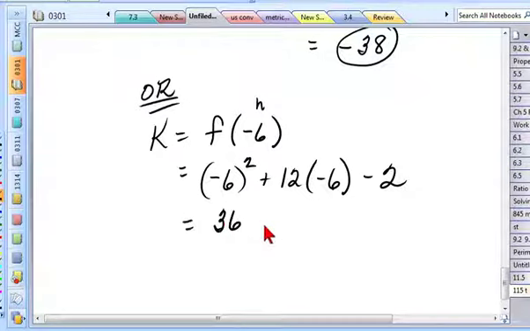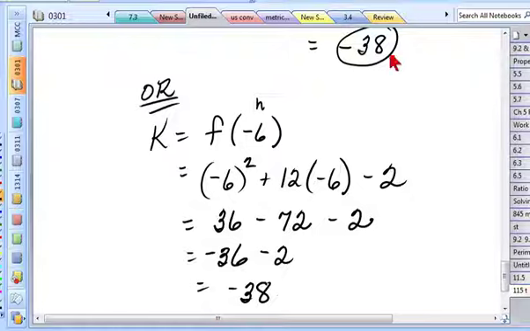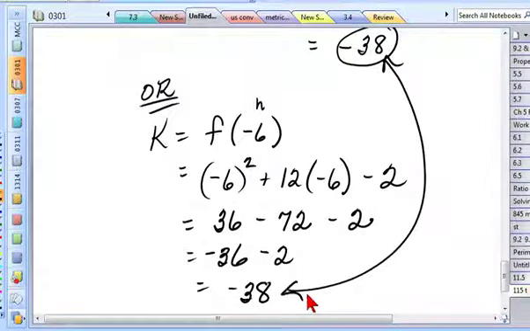That's going to be 36 minus 72 minus 2. That's going to be negative 36. 36 minus 72 is negative 36. Minus 2 is negative 38. That's just another way to get k. Same number, your choice which way you want to do it.